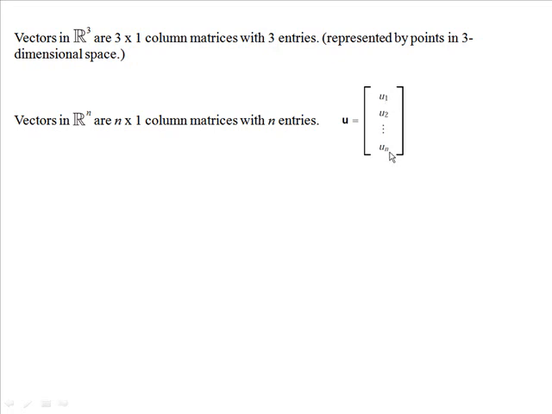So whatever u sub n would be, our vector u that's in Rn would have n entries. So if it was, let's say, R5 space, then it would have 5 entries in the column vector. And our 0 vector, we denote with 0 this way, and basically that means that all of the entries are 0.